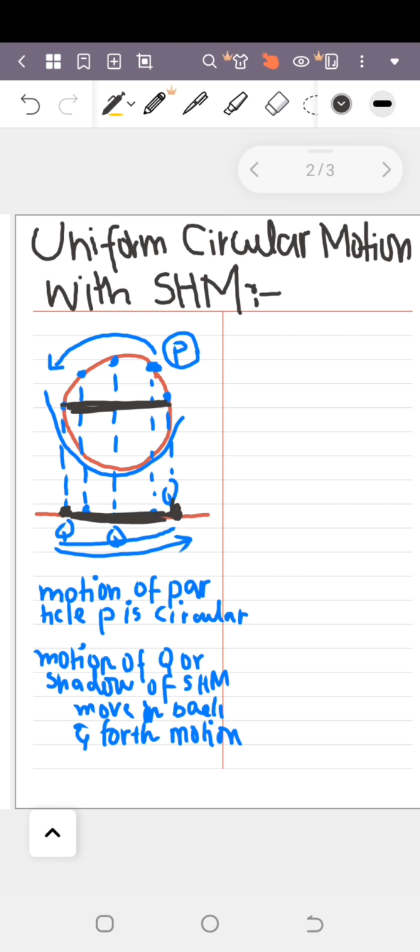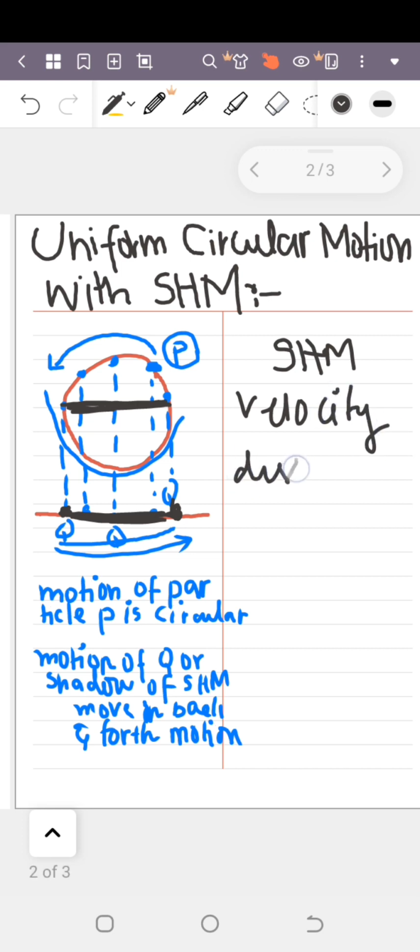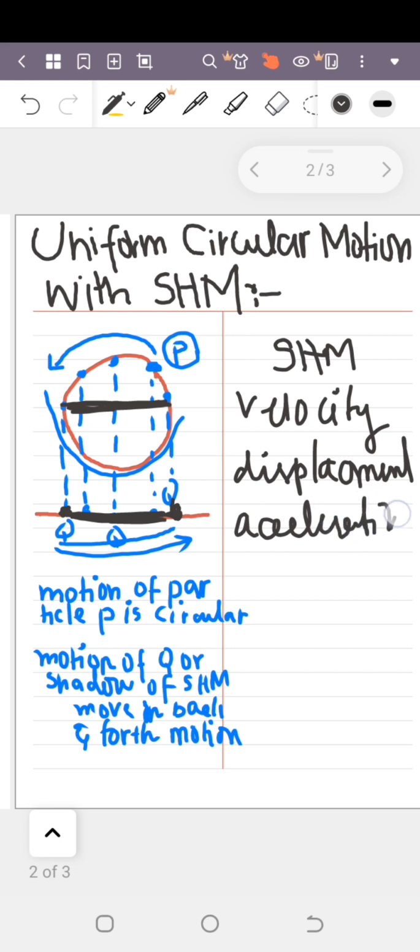So now let's have a look at SHM. We will find velocity, we will find displacement, and we will find acceleration of the uniform circular motion or SHM shadow.